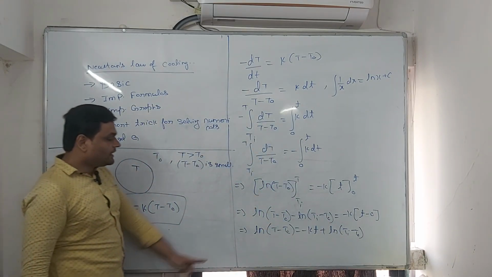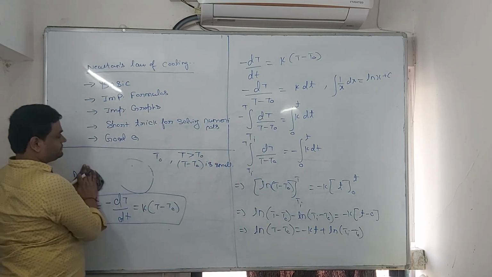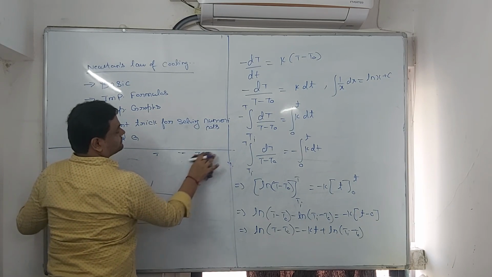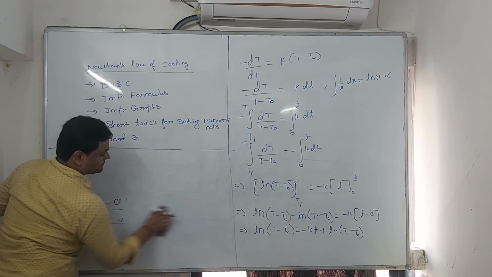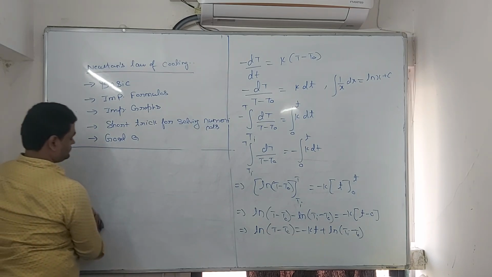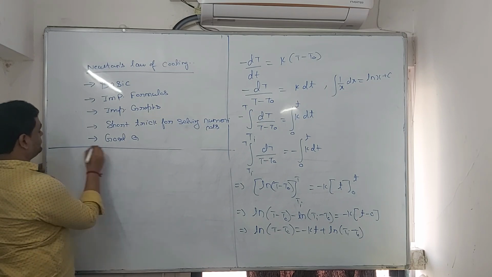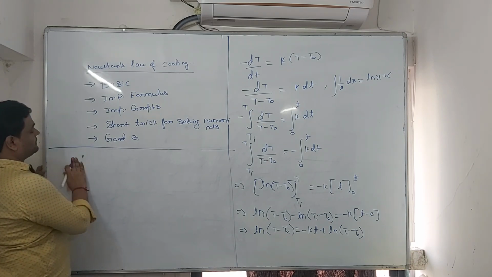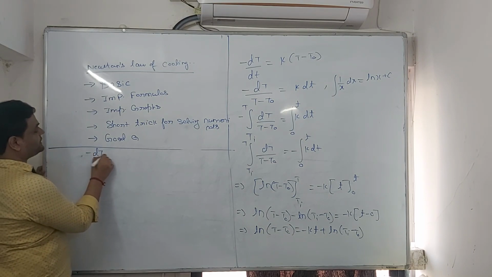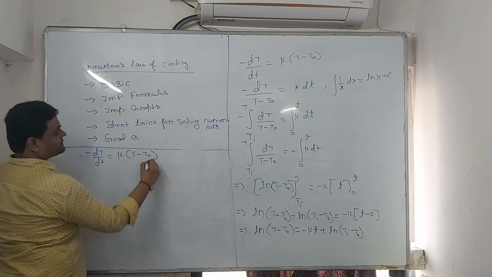Okay, so now we have two important formulas. The first formula that we received was minus dT by dt is equal to k (T minus T naught).